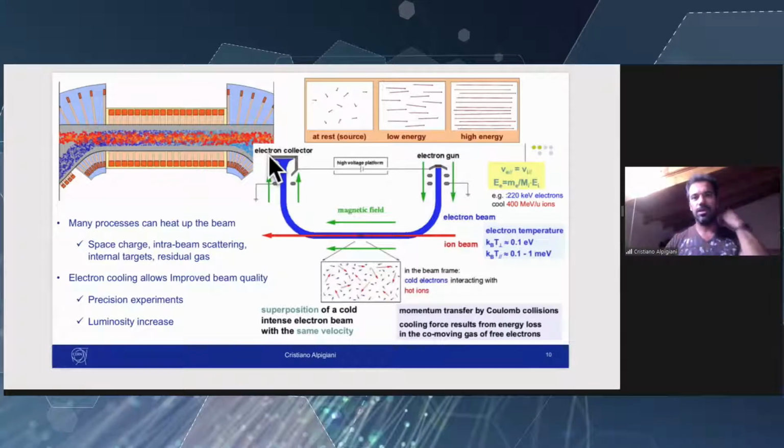In this way, you can improve the quality of your beam, which is very important for the experiment. Something similar happens also in a bigger accelerator like the LHC. We don't have electron cooling at the LHC; we have something called stochastic cooling, but it's the same principle.